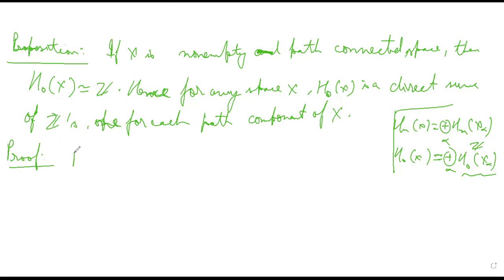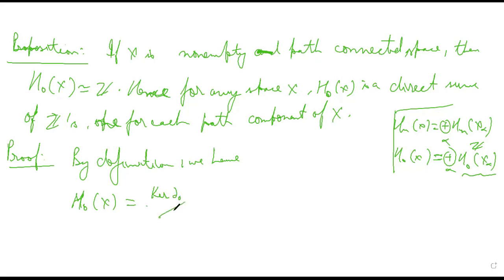So, proof. By definition, we have H0 x equal to C0 x quotiented by image boundary 1, right? But this is what?